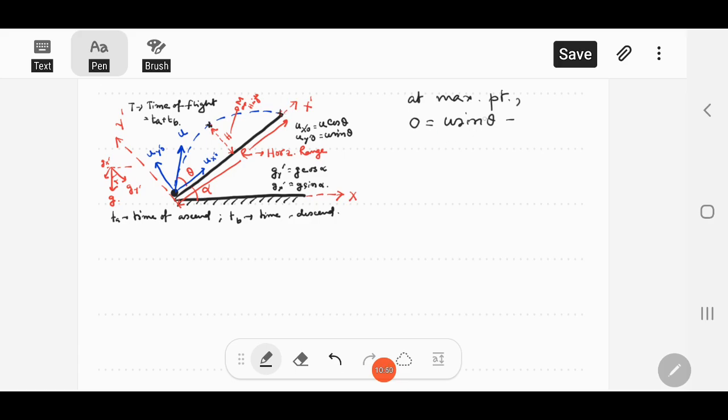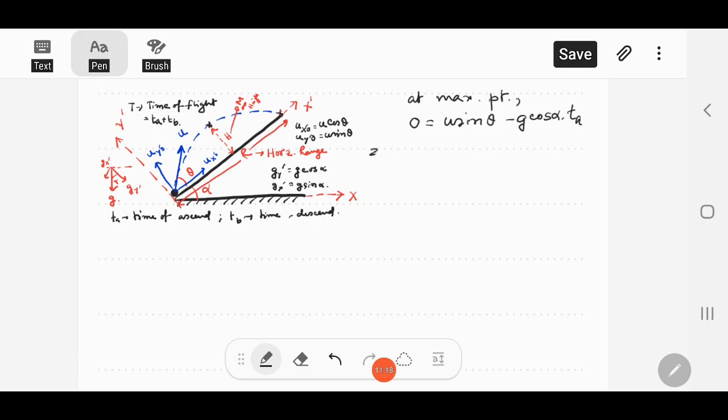So it will be u sin theta minus g y dashed, and g y dashed is g cos alpha, so g cos alpha into the time of ascent, because time of ascent is the time to reach the maximum height, so ta.